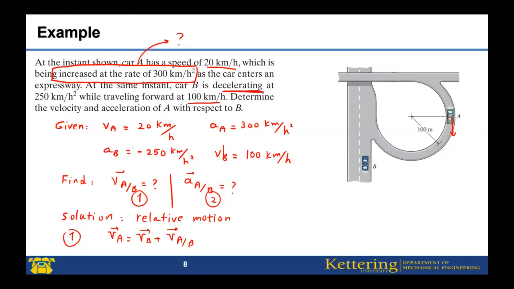We are looking for the vector forms. If I select an XY coordinate system like this, the unit vectors along them are i and j.